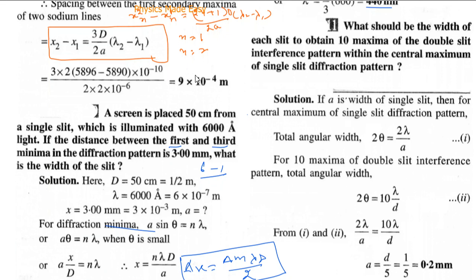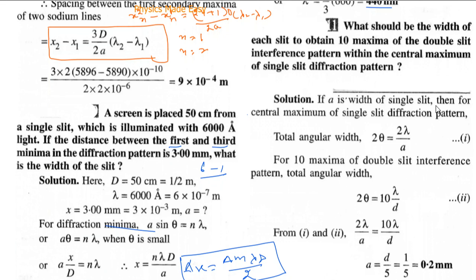What should be the width of each slit to obtain 10 maximas of double slit interference pattern within the central maxima of single slit diffraction? This question has been asked many times.